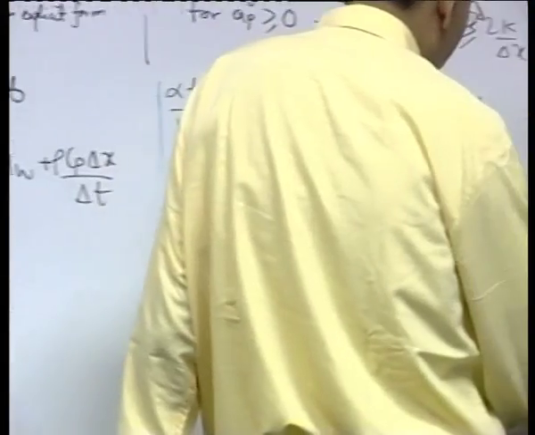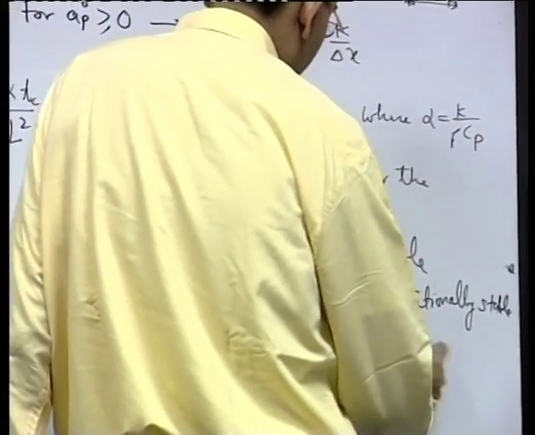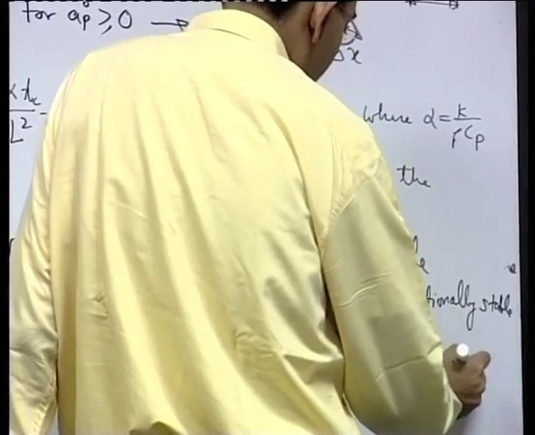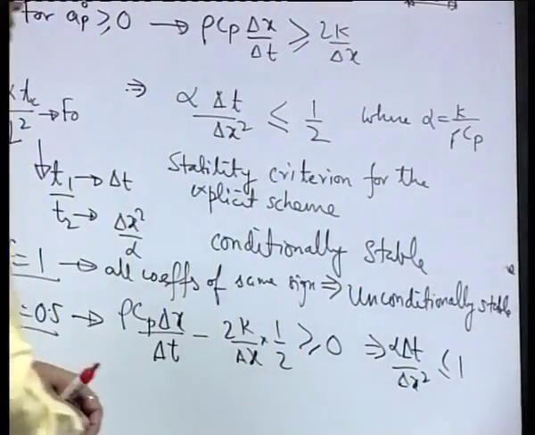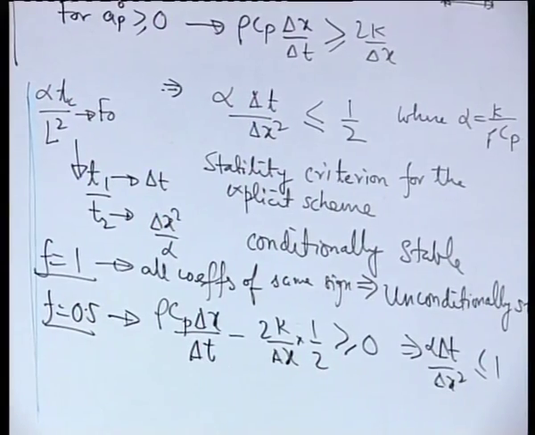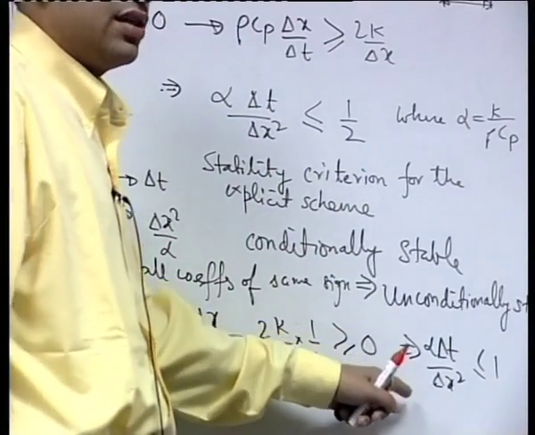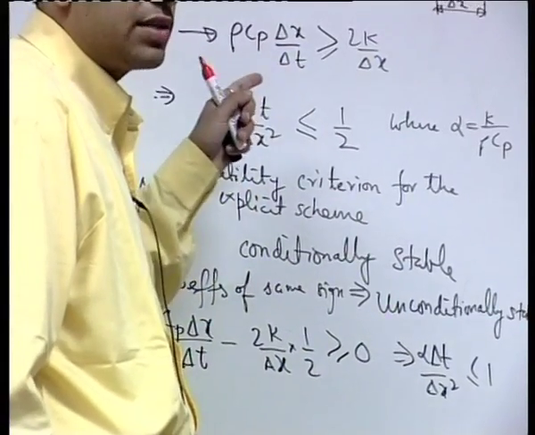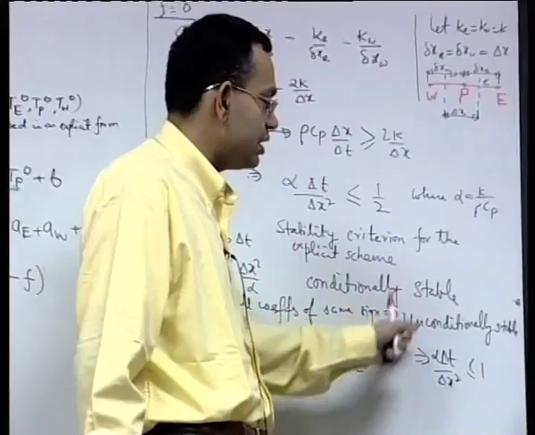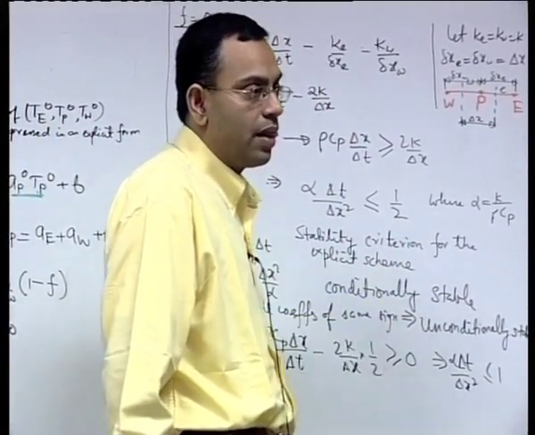So that will give you alpha delta t by delta x square less than or equal to 1. It is of course a more relaxed requirement than the fully explicit scheme, but it still has a constraint. So this is also conditionally stable.